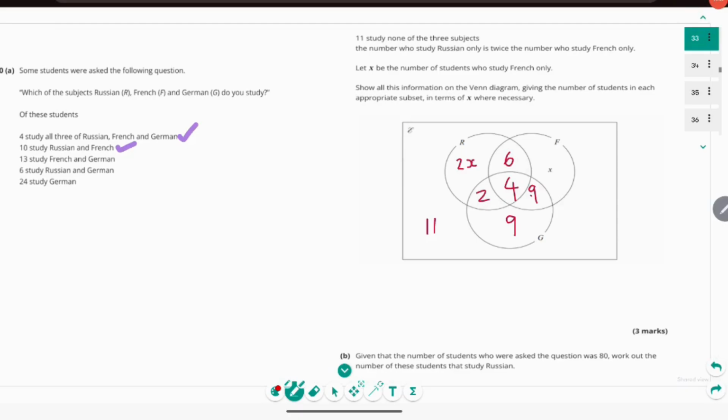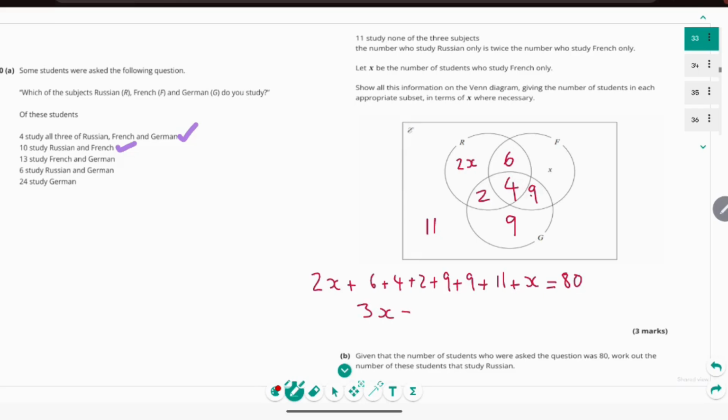Okay, B, given that the number of students who asked the question was 80, work out the number of students that study Russian. So we need an equation here. 2x, add 6, add 4, add 2, add 9, add 9, add 11, add x is equal to 80. Let's simplify.